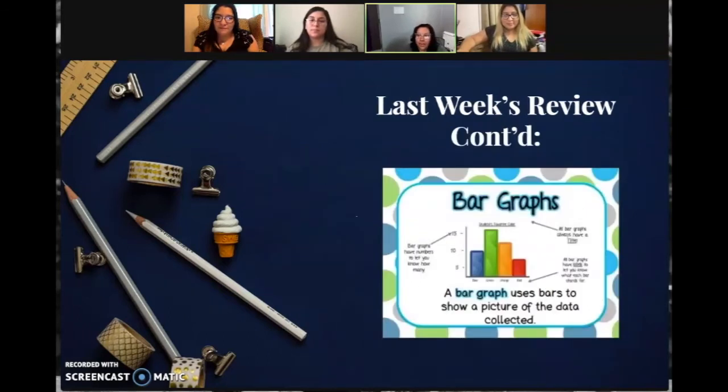What do bar graphs do? Sulema? They collect data. Yes, they use bars to show a picture of the data collected, right? So bar graphs also consist of a title, label, and numbers. I need a volunteer. What are the labels in this particular bar graph? Natalie? Colors. Awesome. Good job, guys.